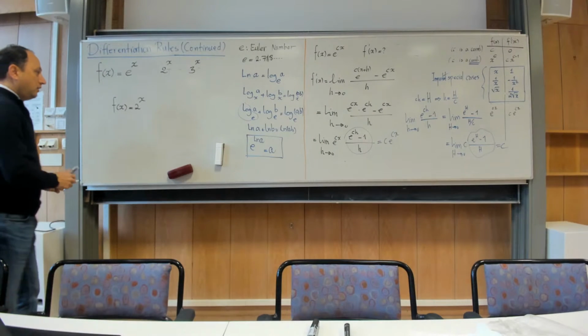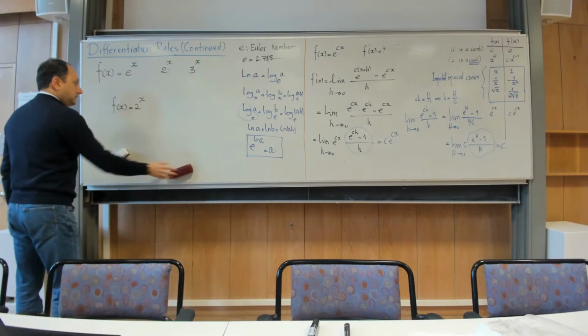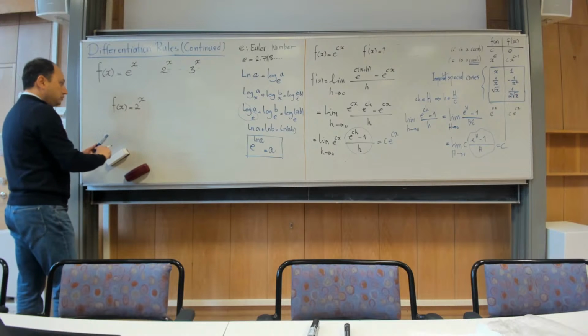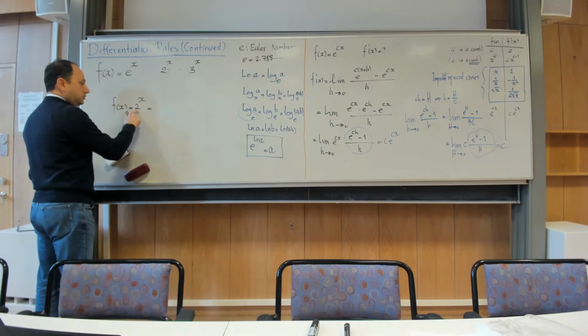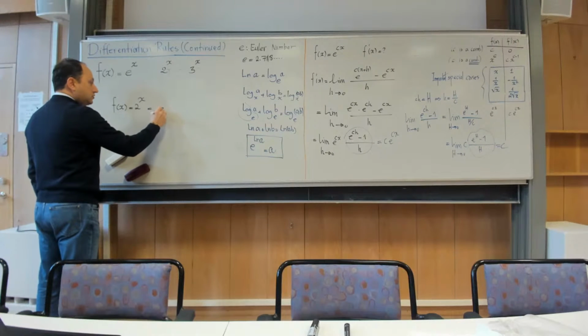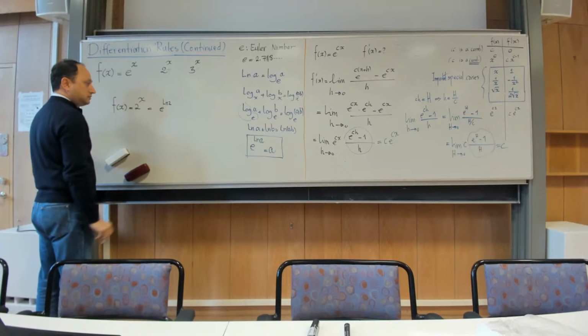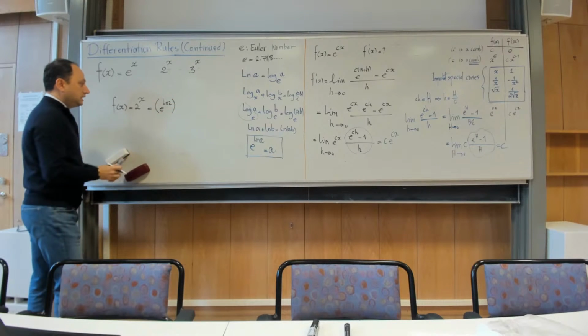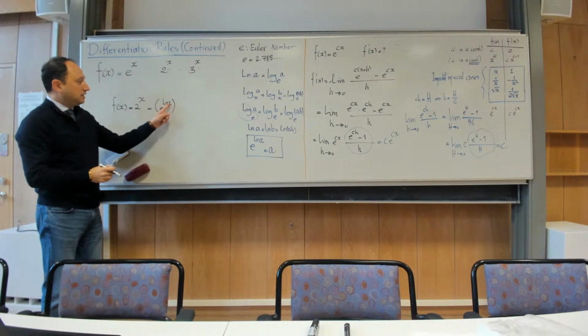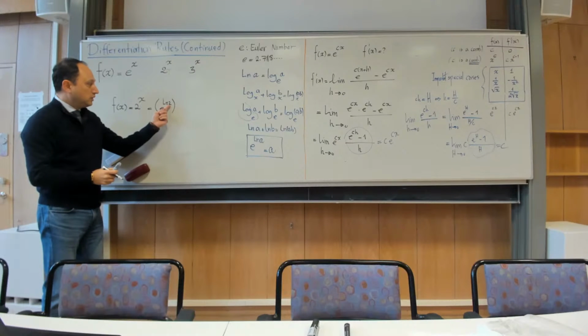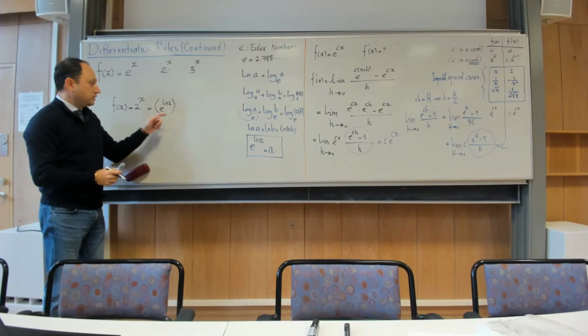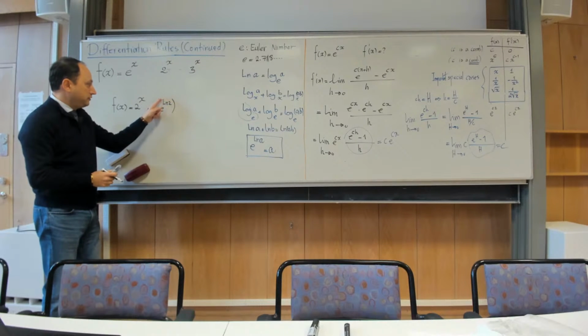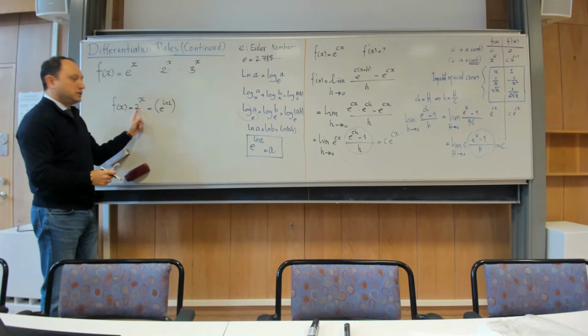Now let us see what we can do here. Instead of 2, I can write e to power ln of 2. Why is this correct? You see, e to power ln of any number is equal to that number itself. So if I ask you what is a better name for this, you would say simply 2.